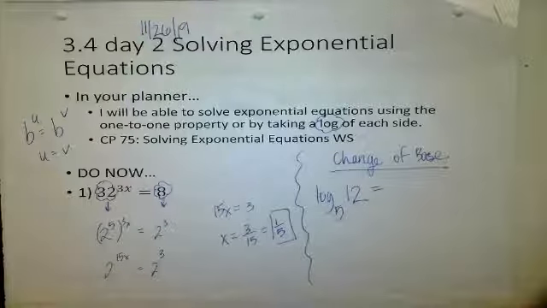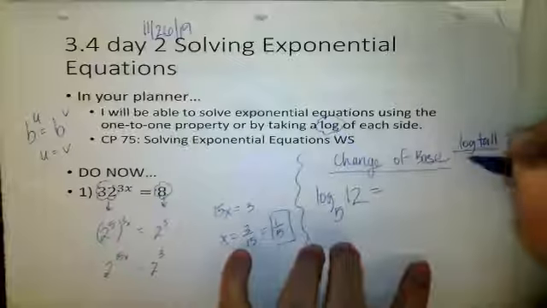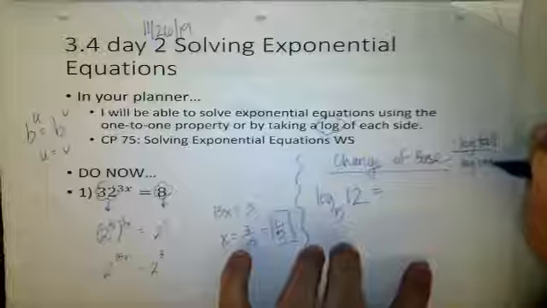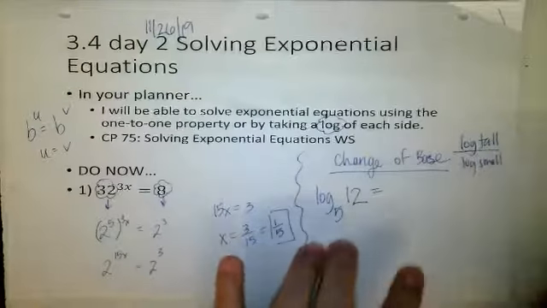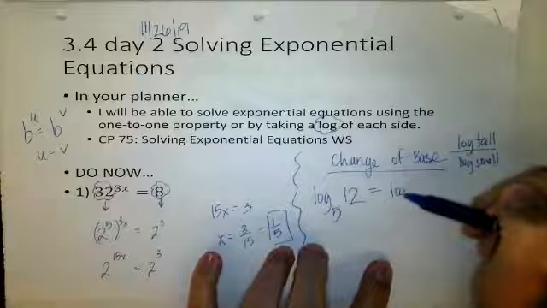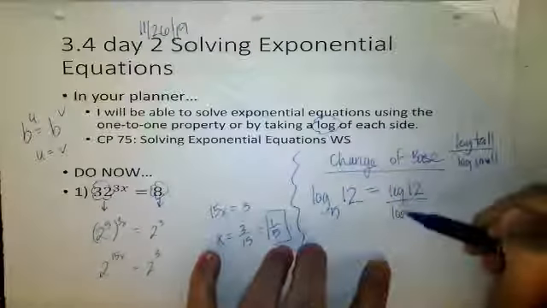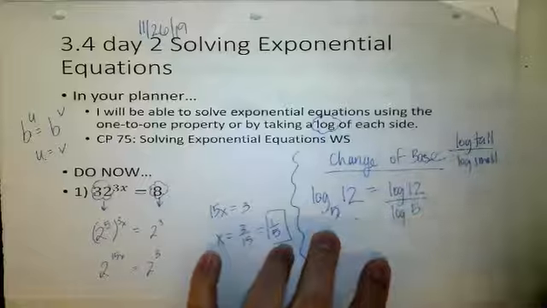But our calculators can do this. Some of our calculators have log base in there already. But if you don't, we can use the change of base formula. The change of base formula is log tall over log small, which means log of 12 over log 5, 5 being the small thing, the subscript.